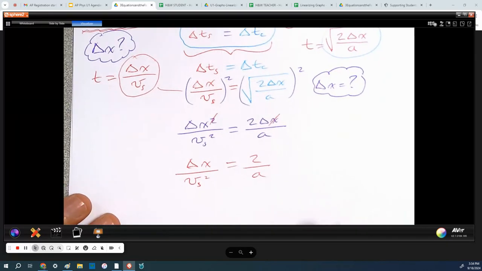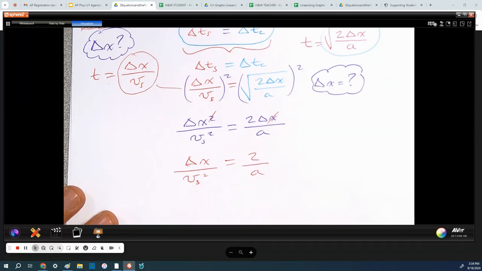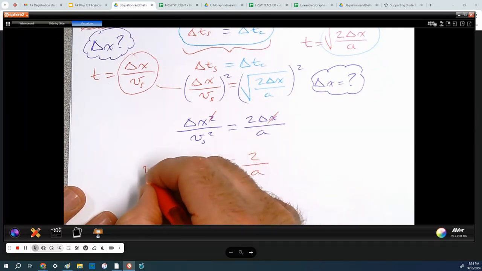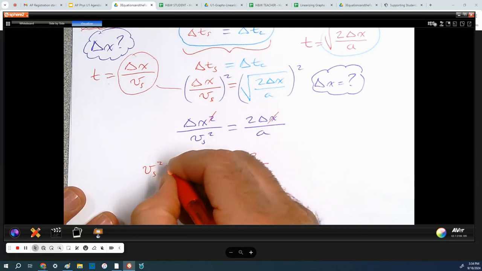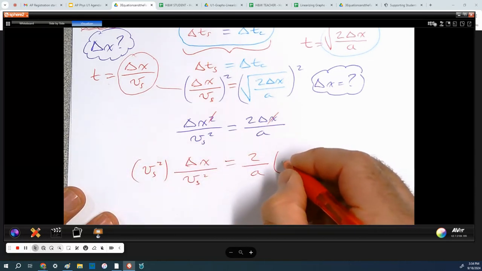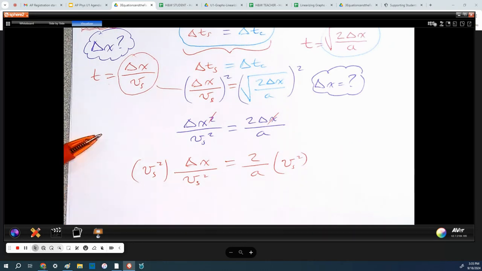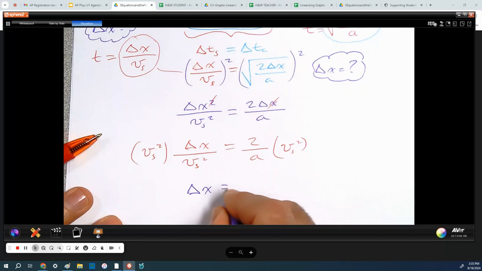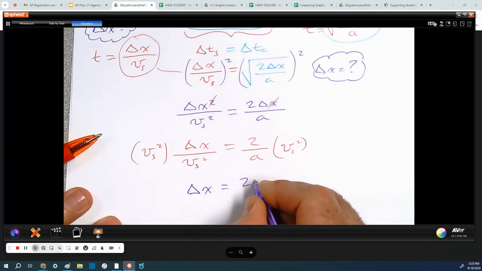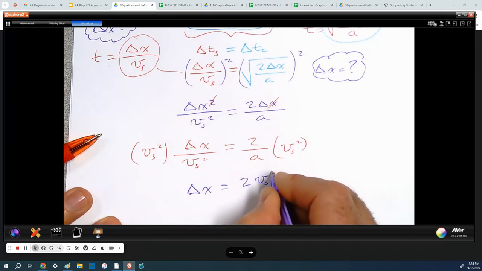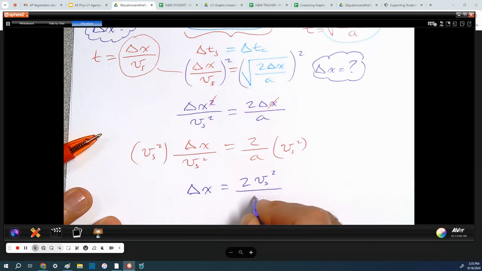And I'm almost done. So now I'm going to times both sides by the velocity of the speeder squared, and I'm going to get delta x equals 2 times v of the speeder squared over a.